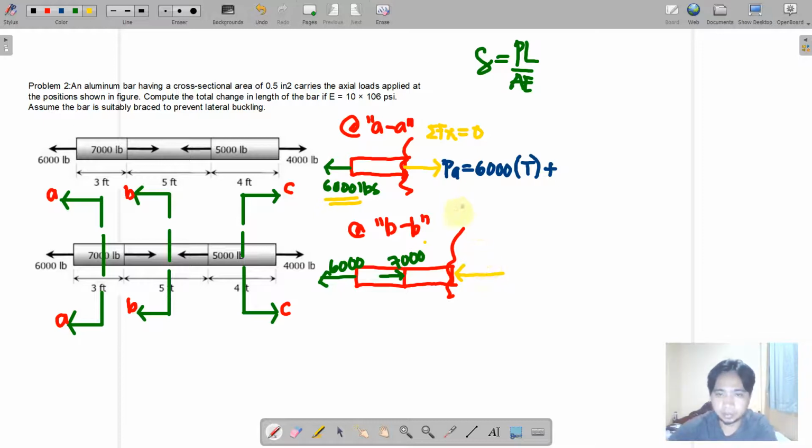Doing that, we write summation of forces along X is equal to 0. So we have negative 6,000 plus 7,000, so this is PB, right?